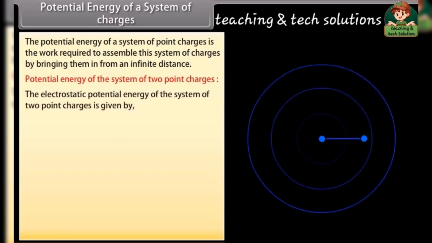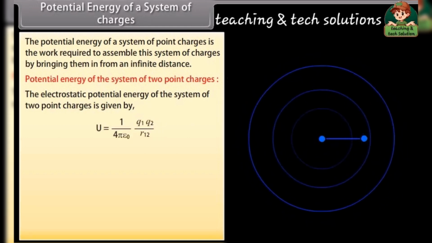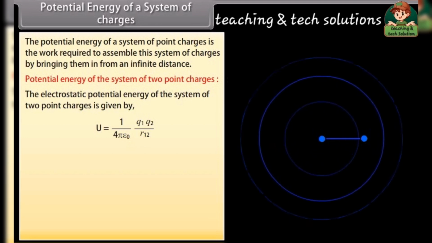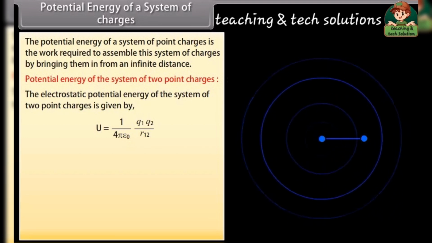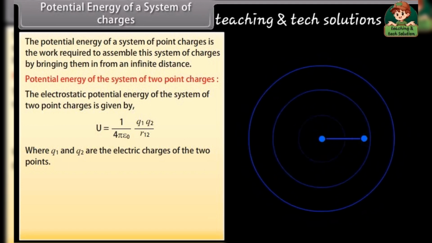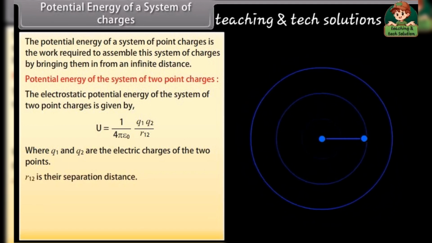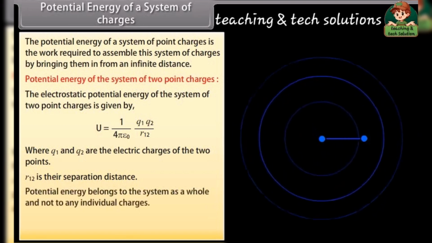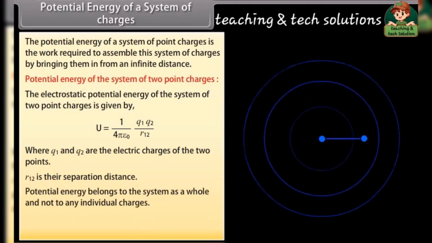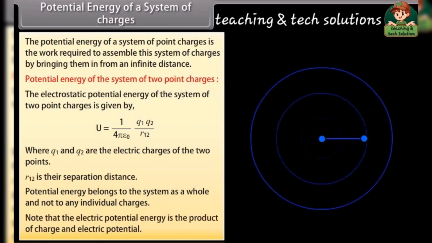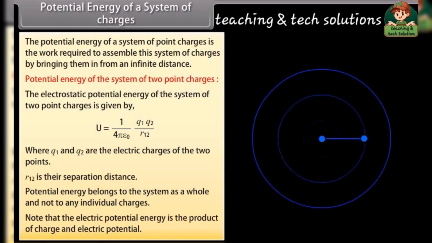The electrostatic potential energy of the system of 2-point charges is given by U as 1 upon 4 pi epsilon naught multiplied by Q1 Q2 upon R12, where Q1 and Q2 are the electric charges of the 2 points. R12 is their separation distance. Potential energy belongs to the system as a whole and not to any individual charges. Note that the electric potential energy is the product of charge and electric potential.